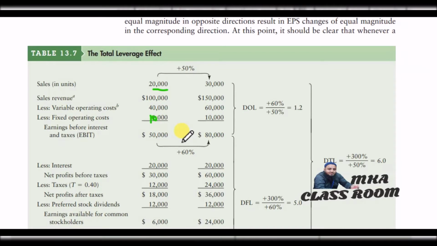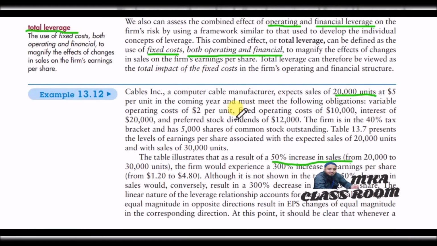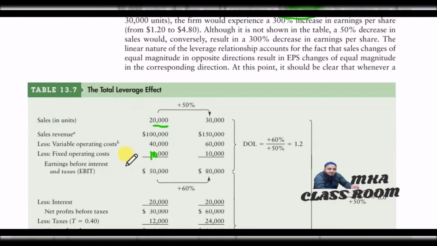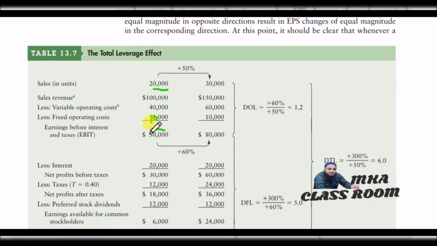Here is a silly mistake. Fixed operating cost should be 10,000. Then if we deduct it from our sales revenue, we have found 50,000 is our EBIT.